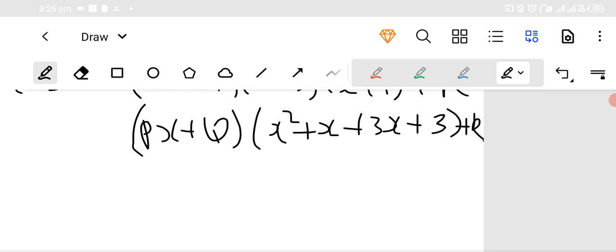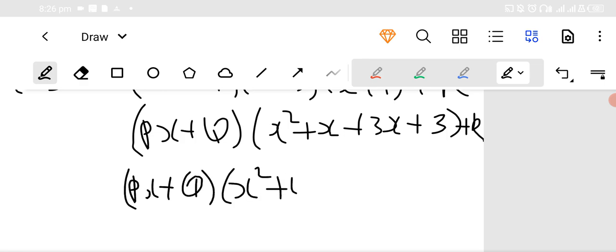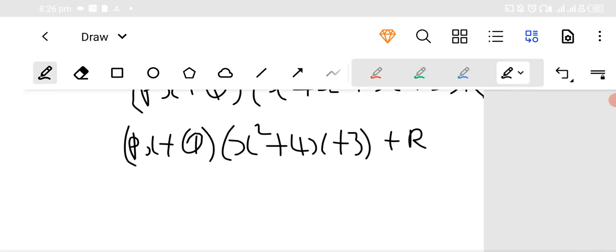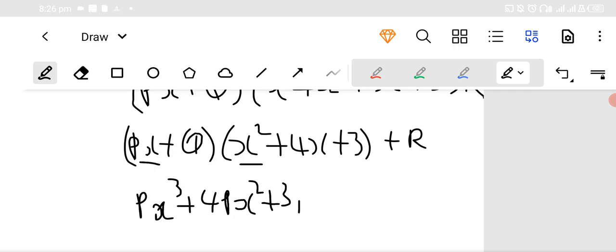We are going to simplify this to become (px plus q) multiplied by (x squared plus 4x plus 3) plus r. Then we distribute the px in this bracket, and it becomes px cubed plus 4px squared plus 3px. Then distribute the q in that bracket.